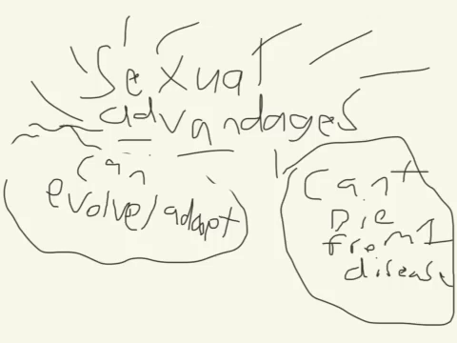Say if there's harsh weather one year, next year if it still has that harsh weather, it will know what to do, and it probably will survive. Another advantage is it can't die from one disease. Unlike asexual, the species cannot die from one disease.